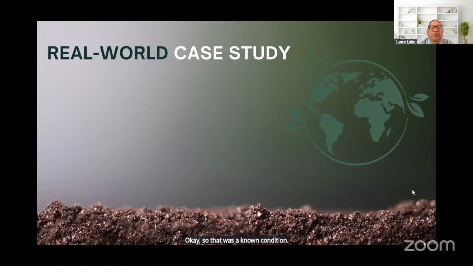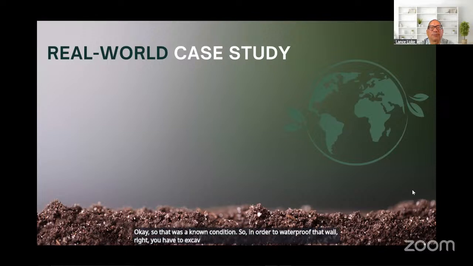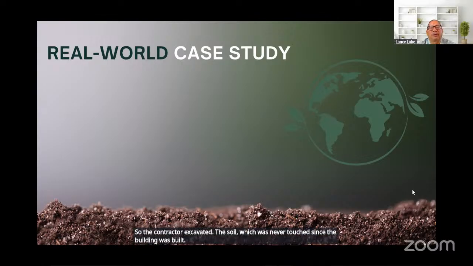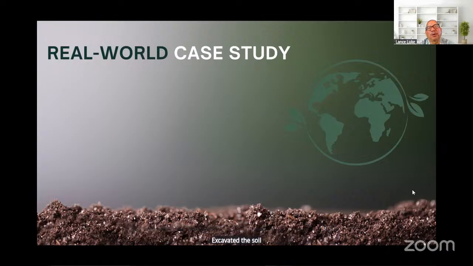Okay, so that was a known condition. In order to waterproof that wall, you have to excavate, because this is below grade. It's in the ground. So the contractor excavated the soil, which was never touched since the building was built, and waterproofed the wall. They went down about maybe 15 feet.